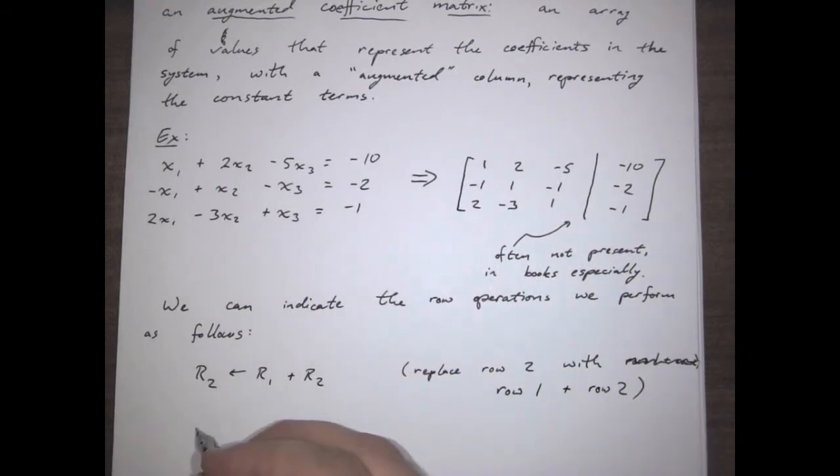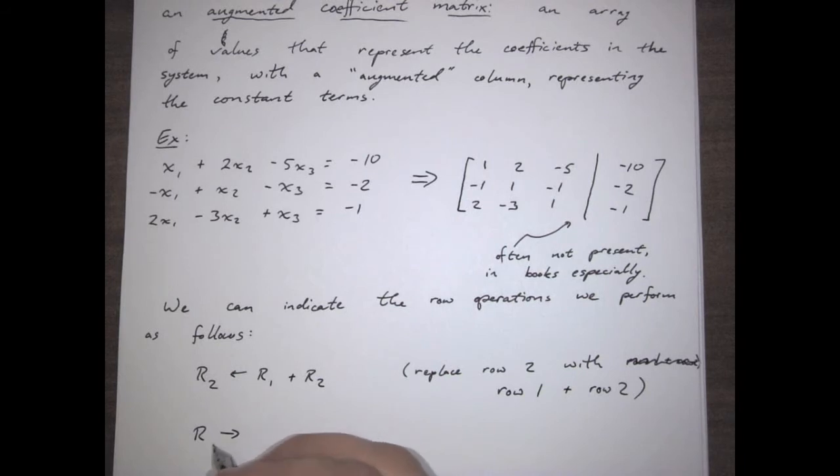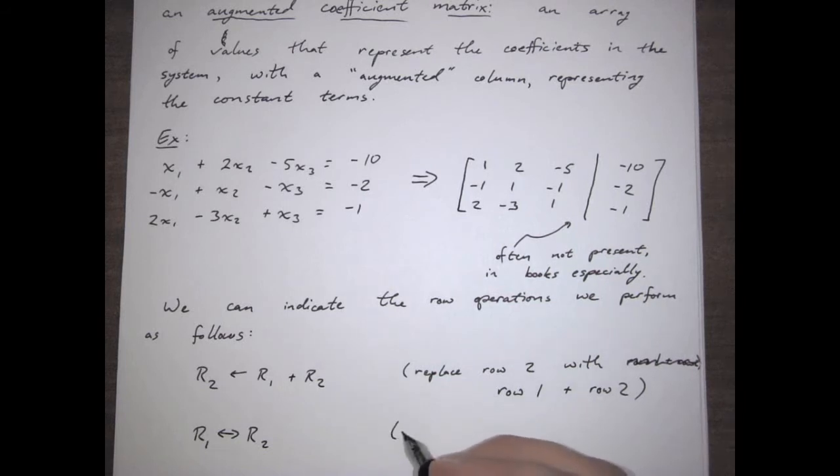We could also interchange the order of 2 rows. We could say row 1 interchange with row 2. So this is interchange row 1 and 2.